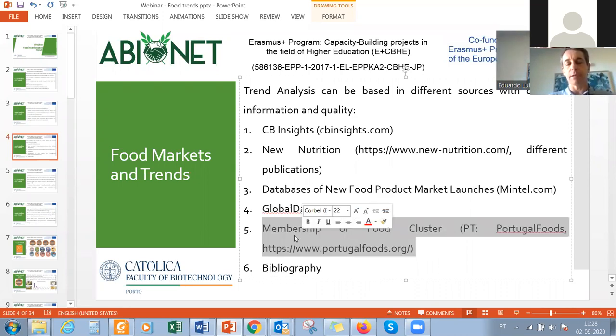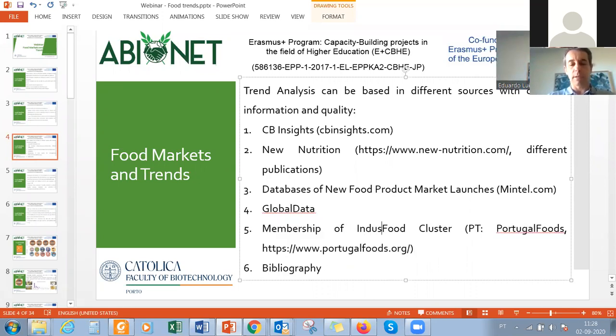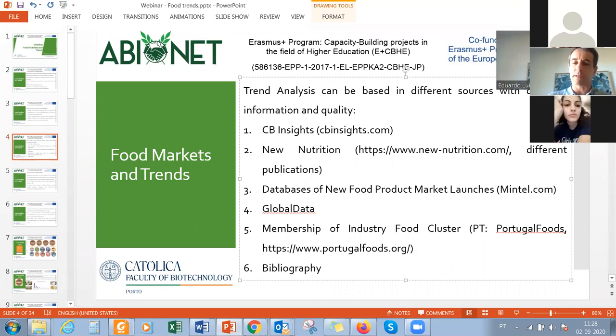an industry food cluster. In Portugal there's an association of companies, more industrial companies, some producers also, but mostly industry, that are associated in what they call a cluster, and they offer some services to the associates.